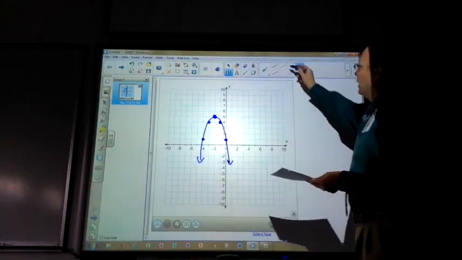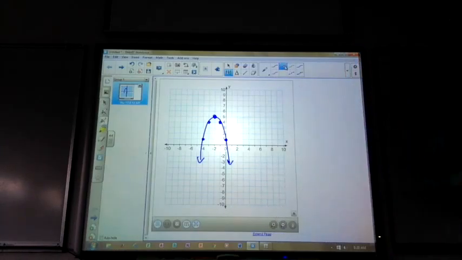So, someone asked me yesterday, why are we doing so many of these? This idea of the shifting of graphs applies to all graphs, not just parabolas. Literally any graph, the same rules apply.